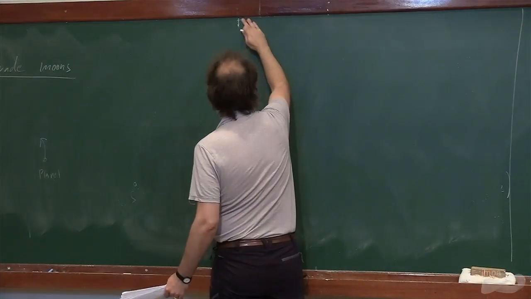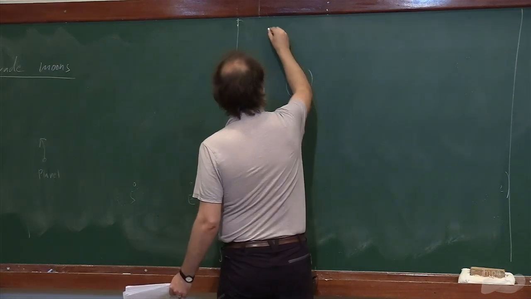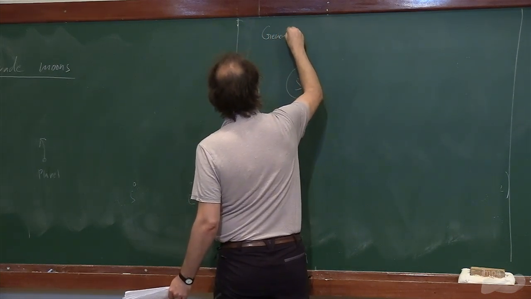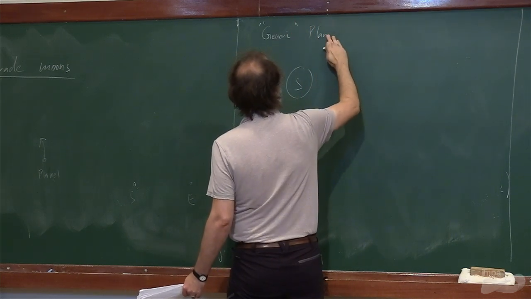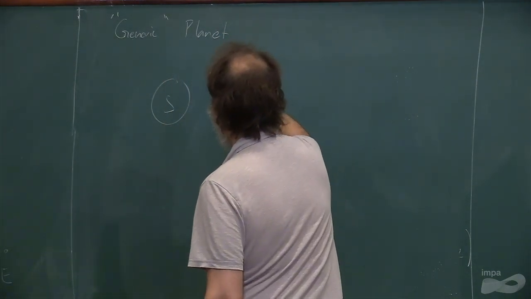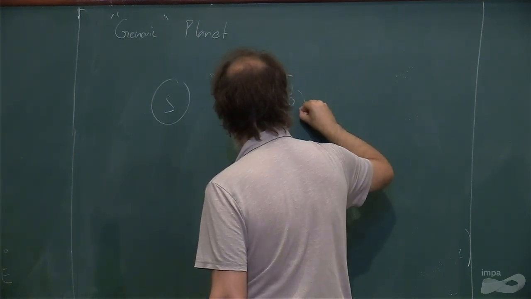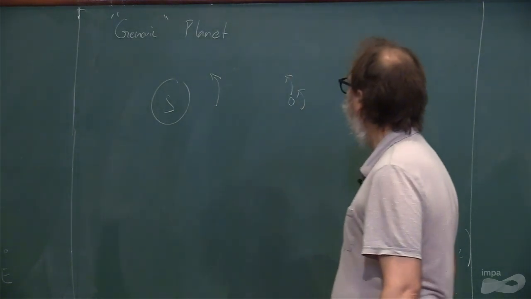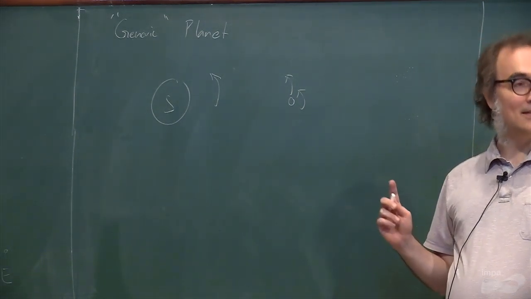So the generic planet, 6 of 8 examples, rotate themselves in this direction. The exception is Venus.